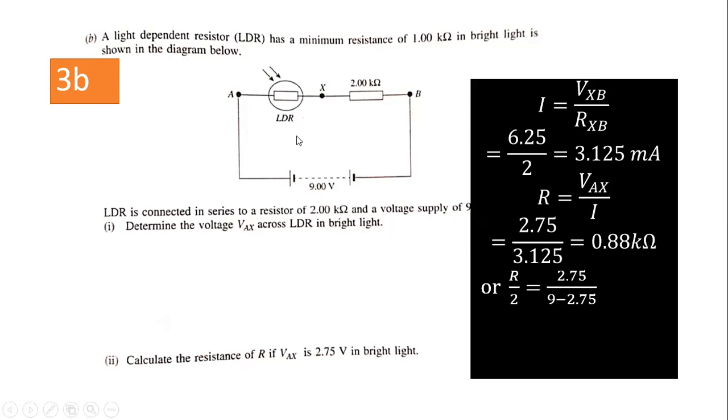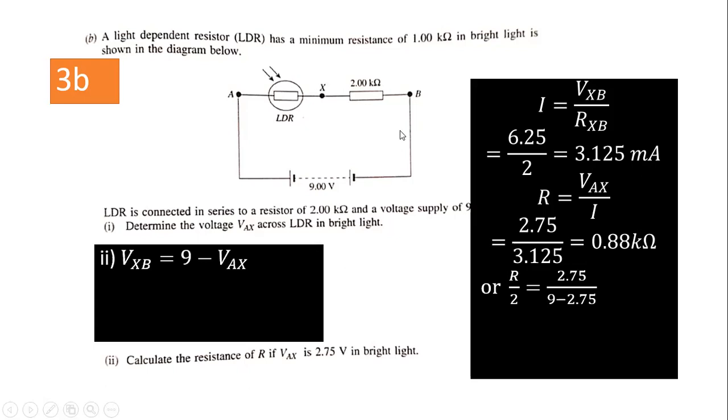Calculate R if VAX is 2.75. This is 2.75. They want to find this R. Just now we found this R, right? Depending on how you interpret the question, if I interpret the R for this one, then my VAX is 2.75. I calculate the same thing.